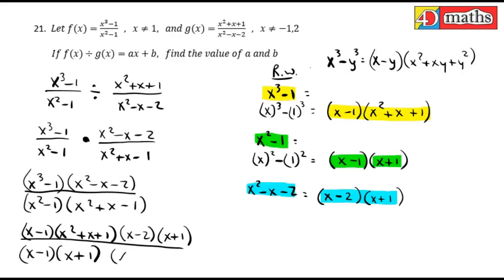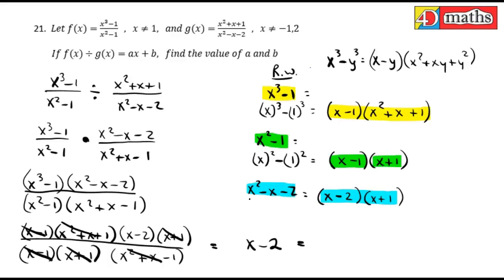And this, I realize, will not factorize, so I'll just leave it as it is. So I'm going to cancel top and bottom. No, sorry, that won't cancel. x plus 1 will cancel with the x plus 1, and the x minus 1 will cancel with x minus 1. So this actually works out to be x minus 2.